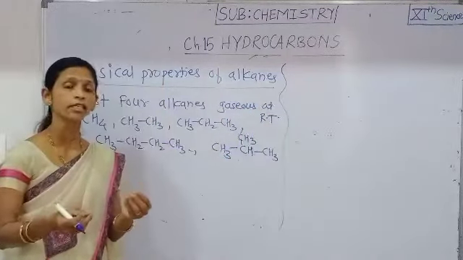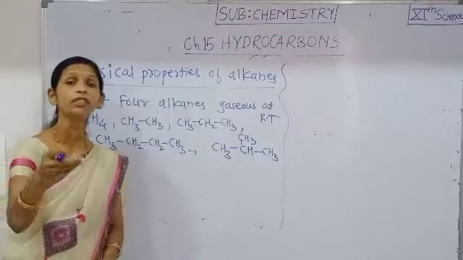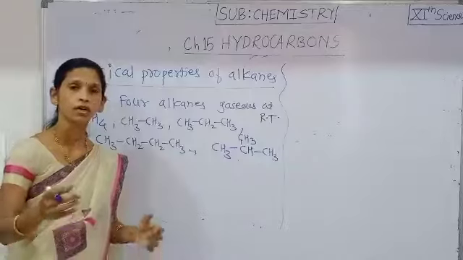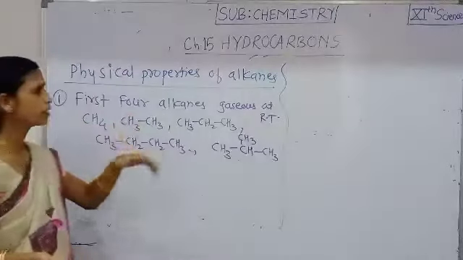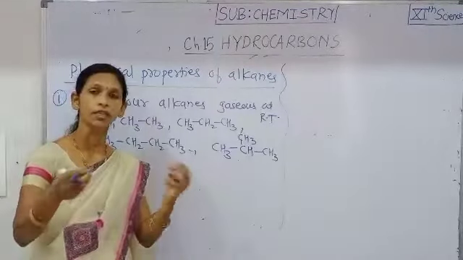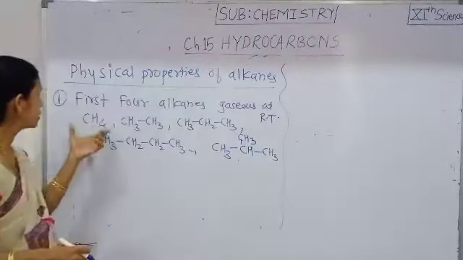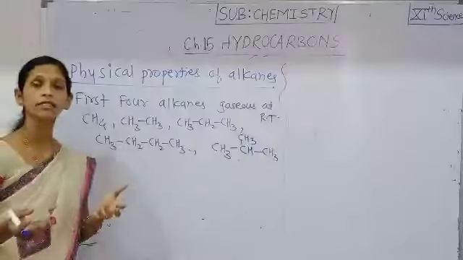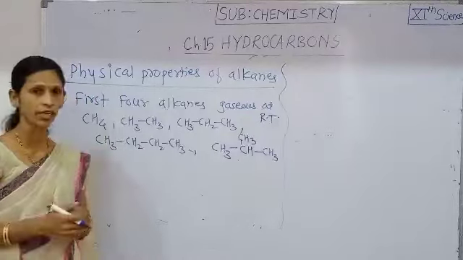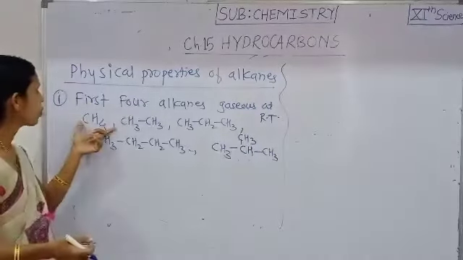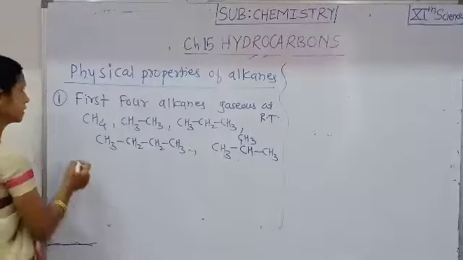Alkanes in gaseous form are used in the LPG cylinder; under high pressure these gases are converted into liquid and used in the LPG cylinder. Methane is used as CNG gas, that is compressed natural gas, which is nothing but compressed methane gas.